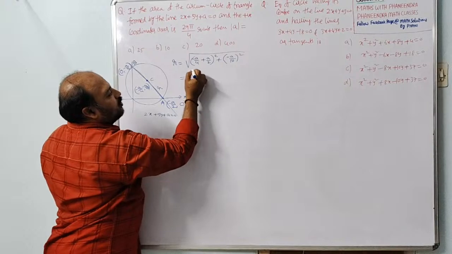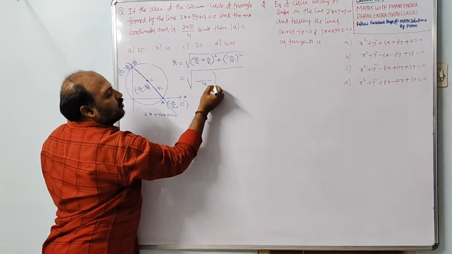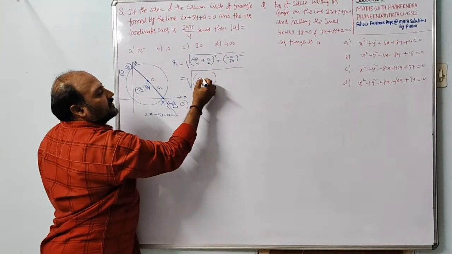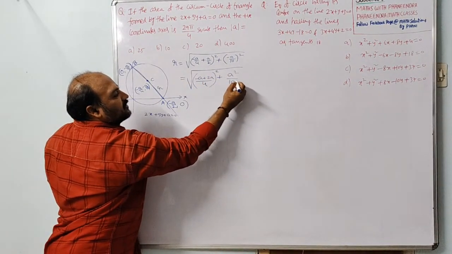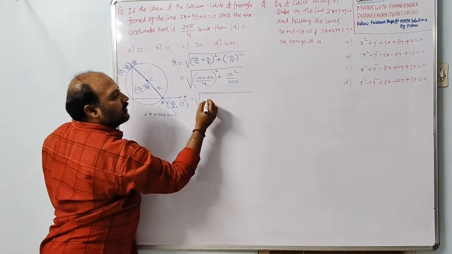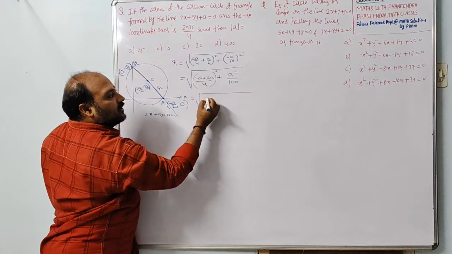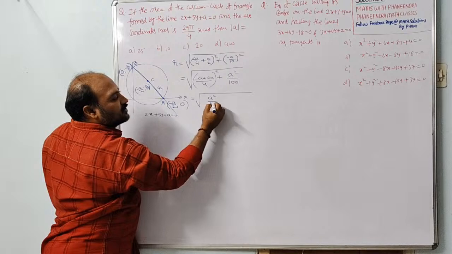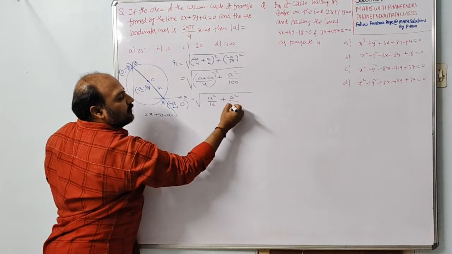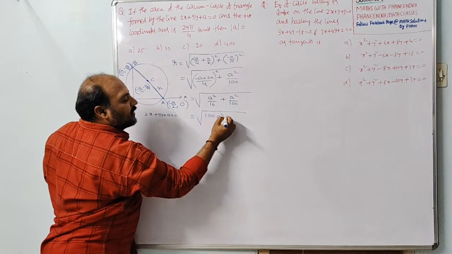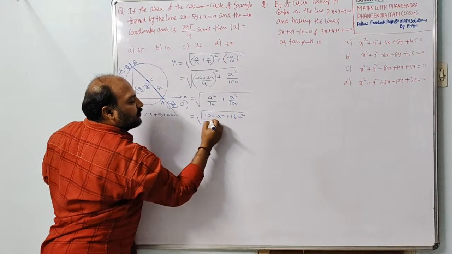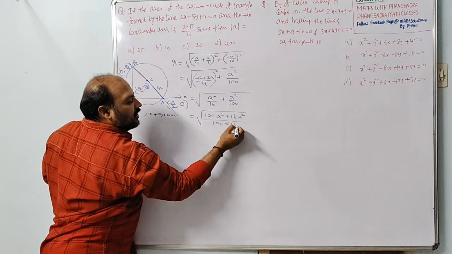Which is equal to root over, LCM is 4, minus a plus 2a whole square, plus a squared by 100, dear students. Root over 2a minus a is a, so a squared by 16, plus a squared by 100. So root over 100a square plus 16a square by 100 into 16.